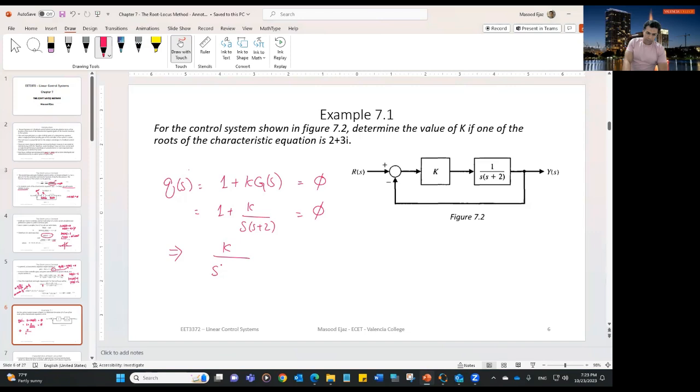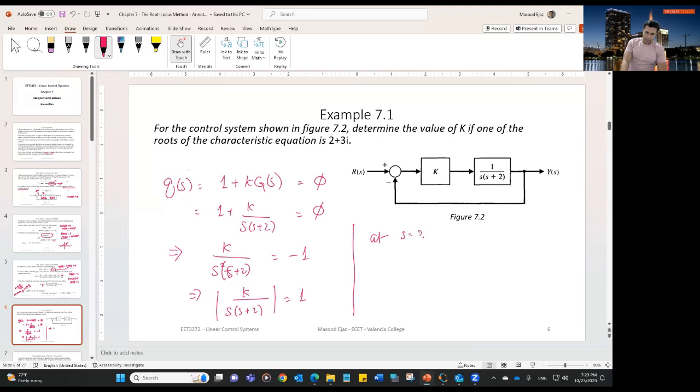K over s squared plus 2s, or whatever, s times (s plus 2), I'll just leave it right now, equals -1. And we know that the magnitude of this is going to be equal to 1. So from this, we can figure out the value of K at any specific value of s.